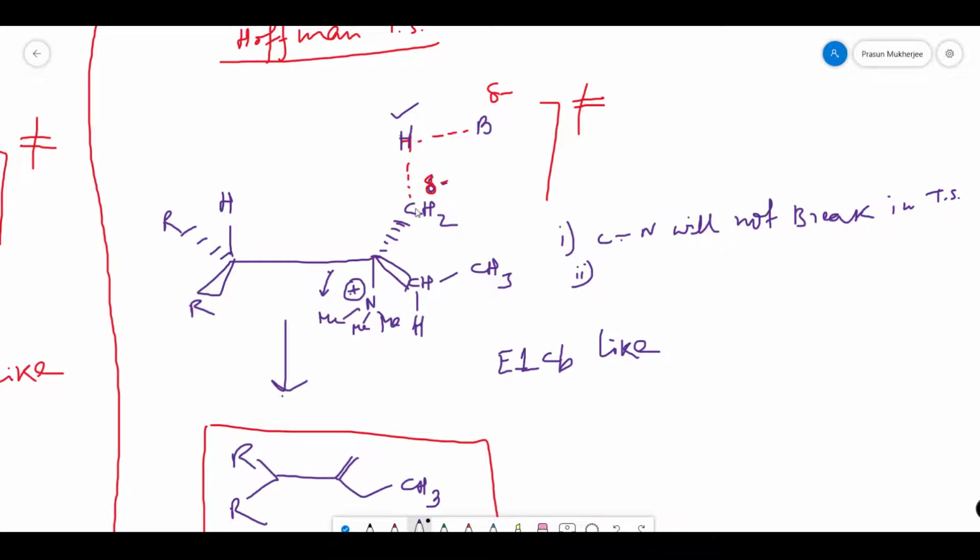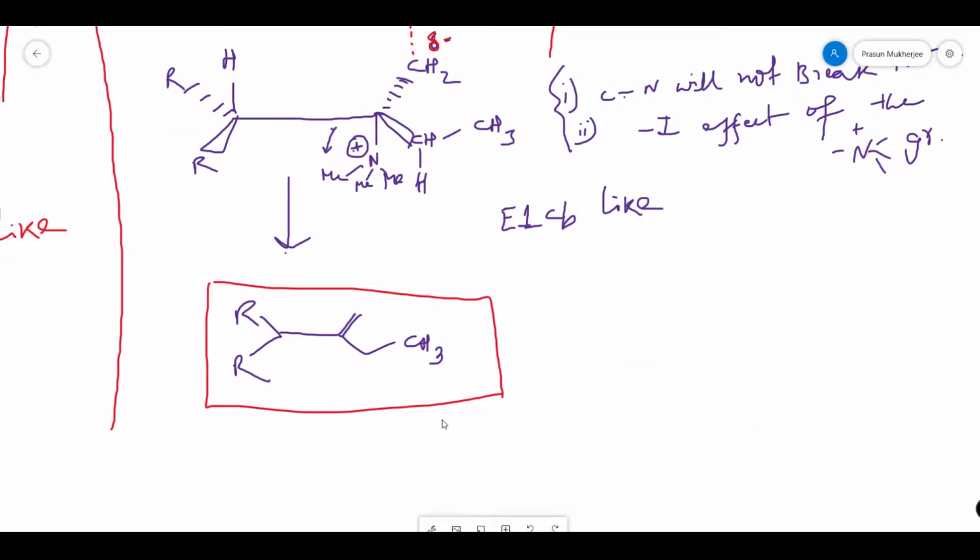So the developing negative charge in the beta position will be stabilized by this group also. So these are the two points which you have to remember. And this will be the alkene in case of Hofmann elimination.